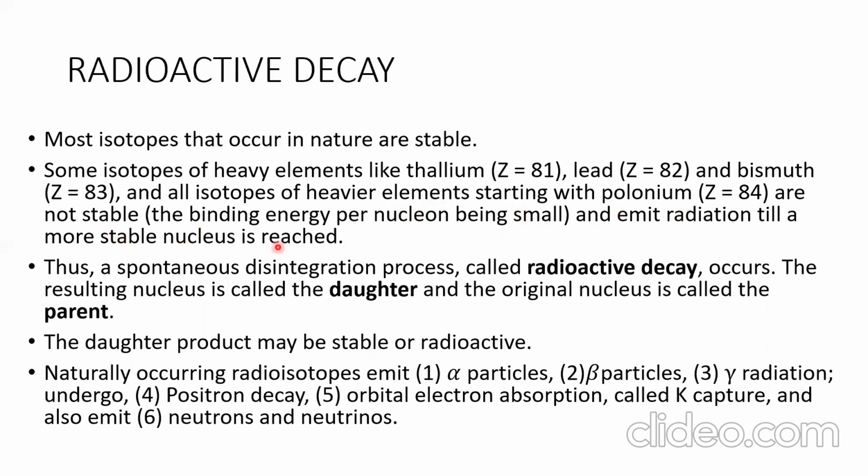That is, their binding energy per nucleon is very small, and they emit radiation till a more stable nucleus is reached. Every element wants a stable nuclear structure, so in order to come under the stable region, it should decay. Means it should emit extra energy or extra elementary particles by radiating.